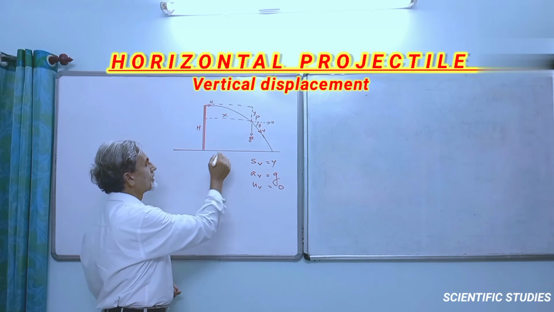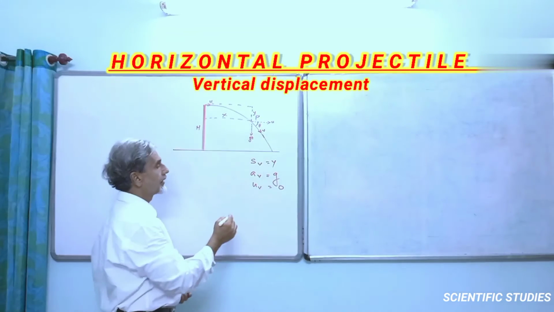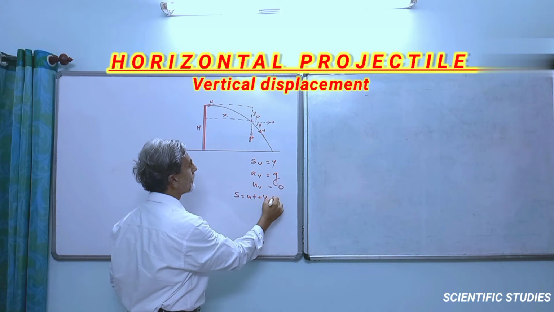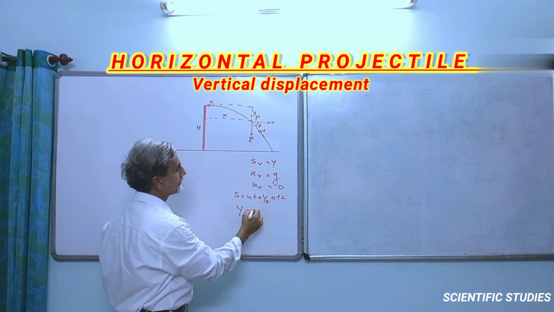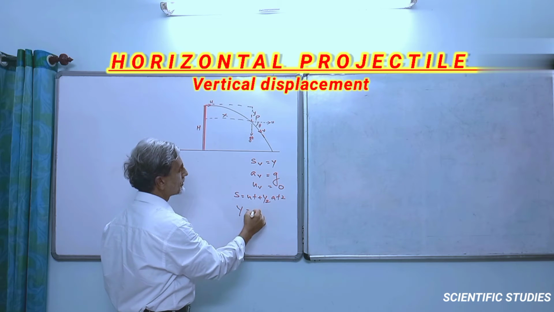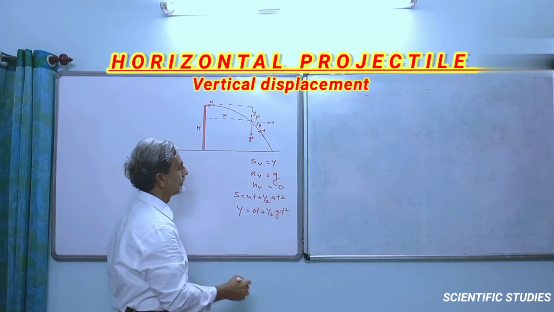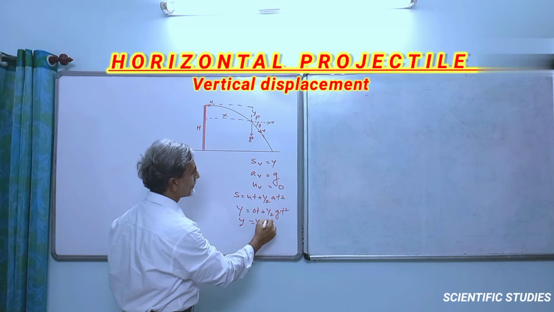So substitute all these values into the kinematic equation s is equal to ut plus half at square. The displacement y is equal to 0t plus half gt square, that is y is equal to 1 by 2 gt square.